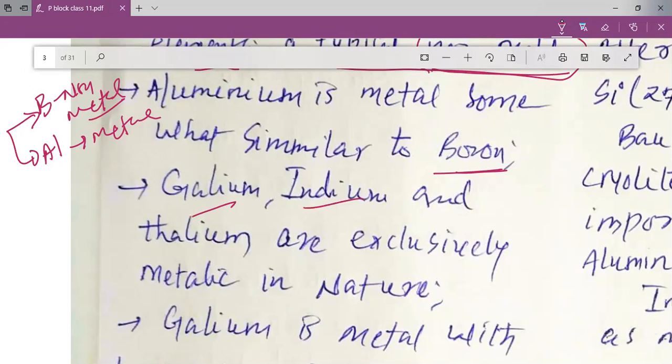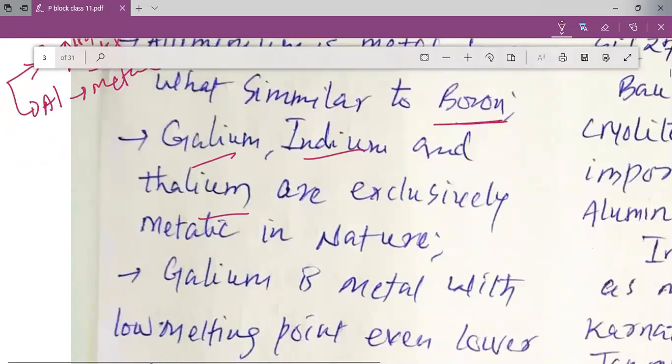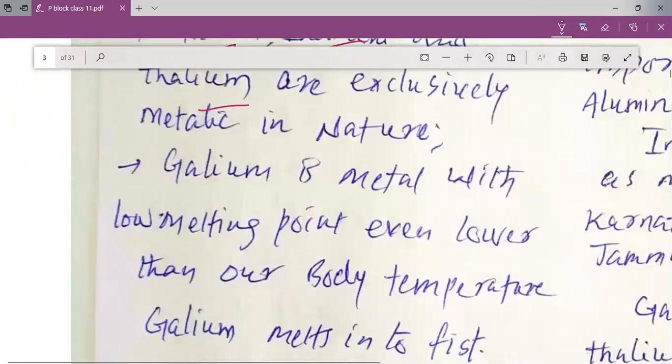So we can say that there are some characteristics in aluminium which are similar to the non-metal. So this is what you can see, the transition from the non-metallic character to the metallic character. Gallium, indium, and thallium are exclusively metallic in nature. They are typical metals and they do not show any characteristics of the non-metals.